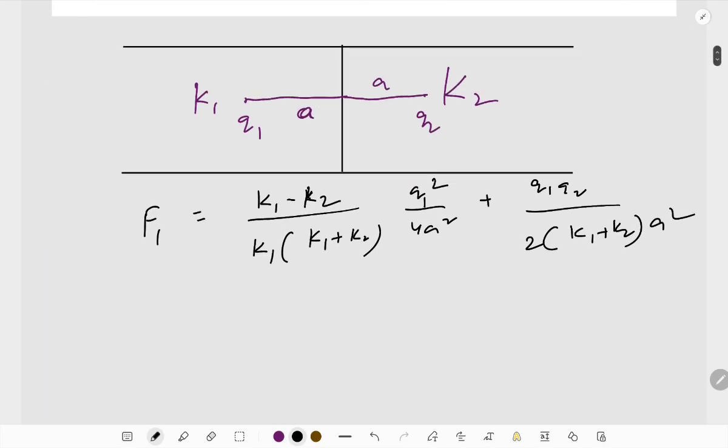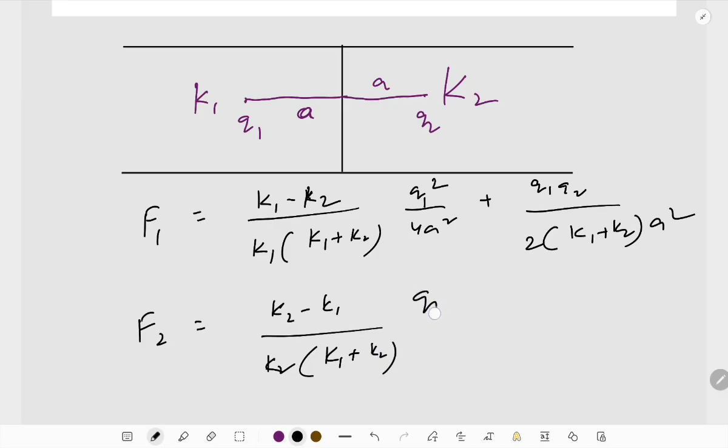And the force on charge Q2, that is F2 in this case, can be simply written as (K2 minus K1) divided by (K1 plus K2), Q2 square by 4A square, plus Q1 Q2 by twice (K1 plus K2) A square.